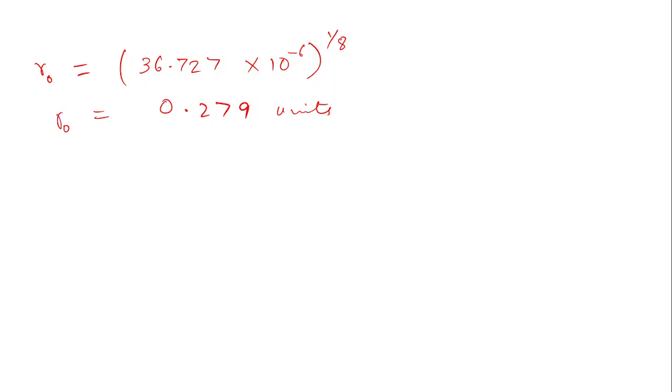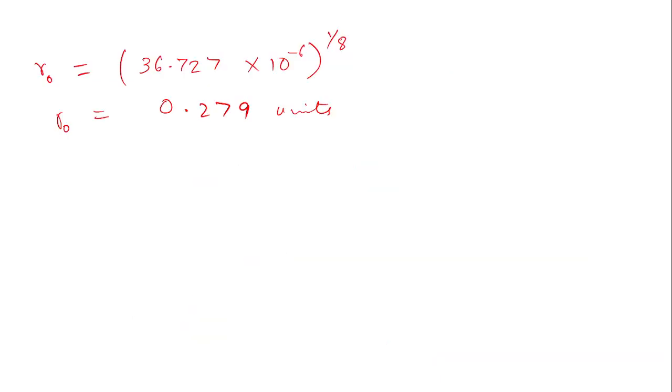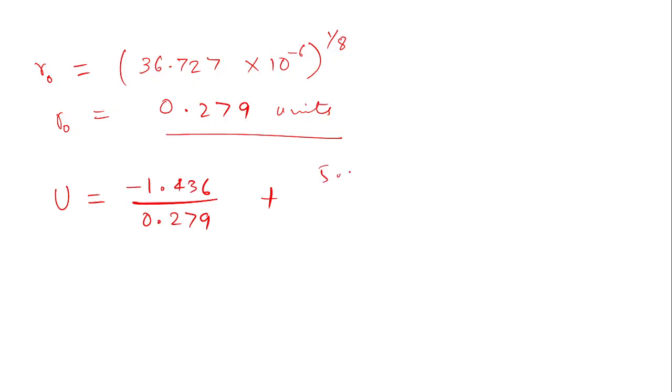Now we need to find the equilibrium energy at the equilibrium distance. For that, in this energy expression, we'll keep the value of the equilibrium distance, which is 0.279. When we substitute, we get Q equal to minus 1.436 divided by 0.279 plus 5.86 times 10 to the power minus 6 divided by 0.279 to the power 9.